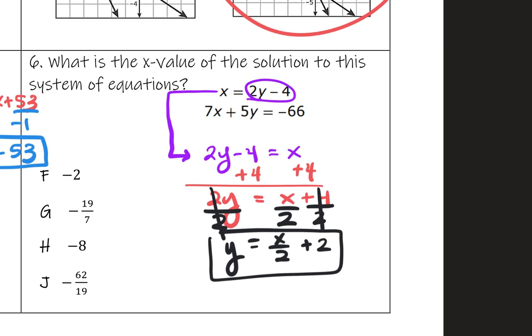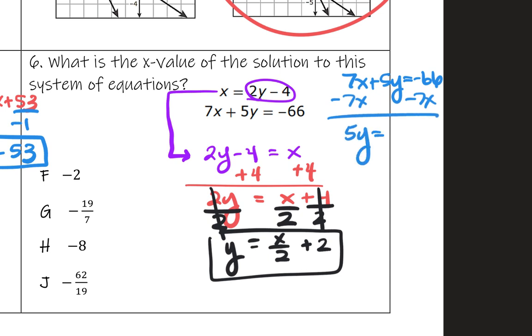Okay, let's go to the next one. What do I need to move over if I want that y by itself? Move the 7. Do I want to add the 7 or subtract the 7? Subtract the 7x. Am I going to do negative 66 minus 7? Hopefully not, right?